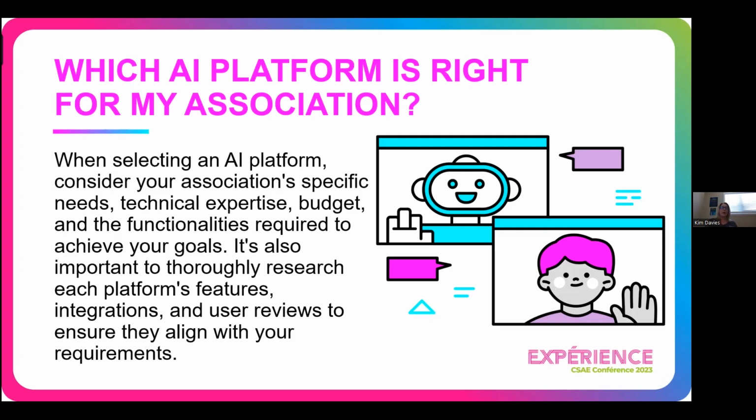A chatbot and virtual assistant might be a good starting point. You can use something like Intercom or Drift, which is going to provide your members with instant support. If you're wanting to utilize an AI technology on the member engagement platform side of things, software like Higher Logic or Personify would be great, because it provides personalized content recommendations, predictive analytics, and automated member segmentation.